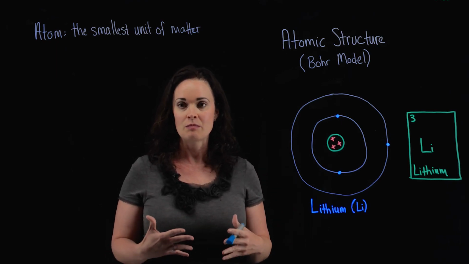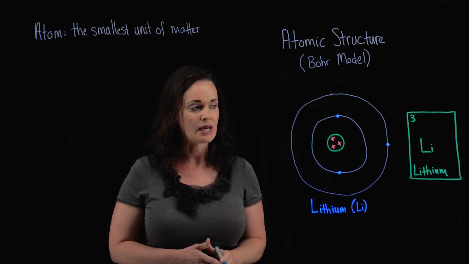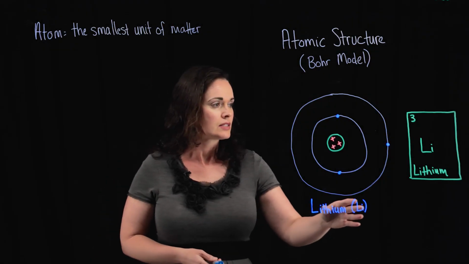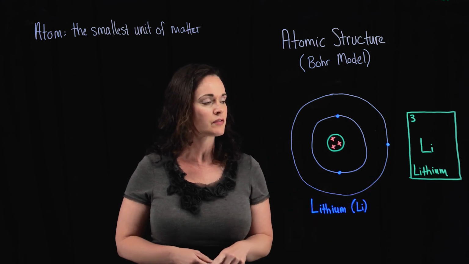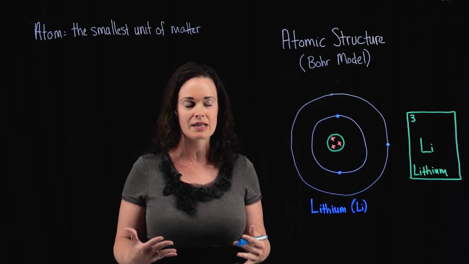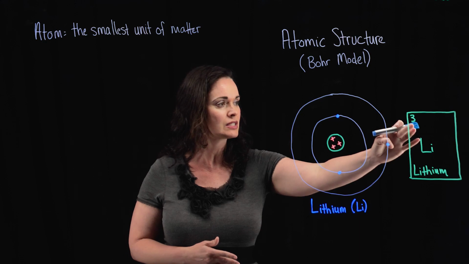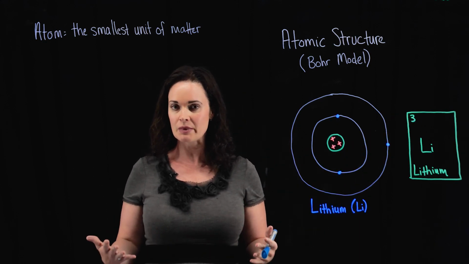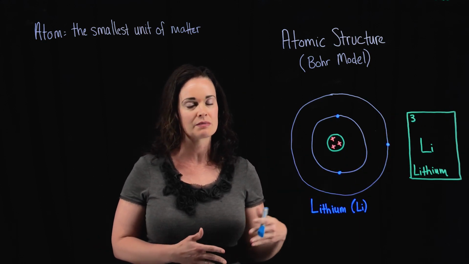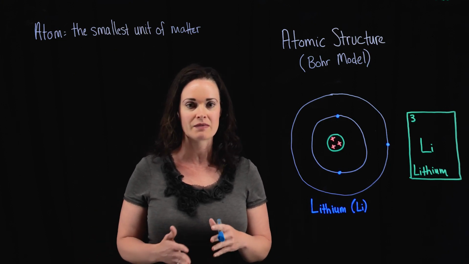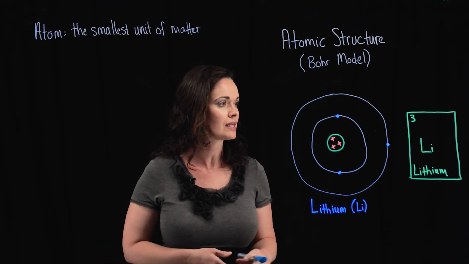There are some elements that are important to anatomy and physiology. Another thing that we get from this block from the periodic table is what's known as the atomic number. So the atomic number is always given in the upper corner. Sometimes it's the upper right, sometimes it's the upper left. It just varies from periodic table to periodic table.